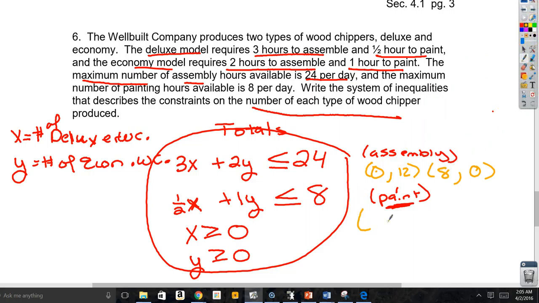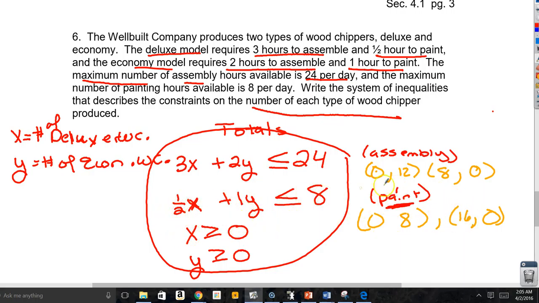And so for this one, I tried to change colors, but it didn't happen. So this one, if X is 0, then Y is 8. If Y is 0, then X is 16. So we're going to graph these down here.